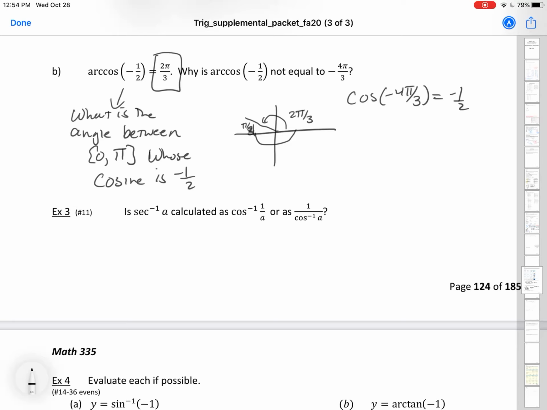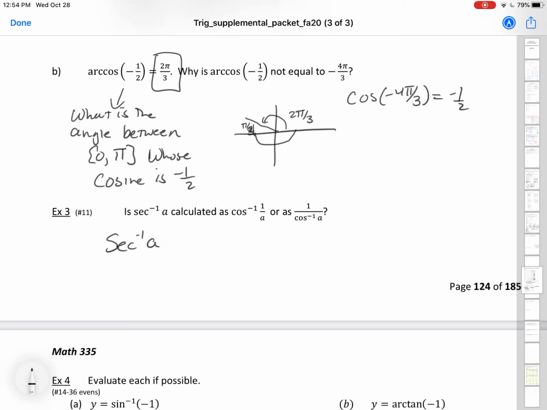It's a one-for-one function. Number 11 is wanting to know, is secant inverse of A calculated as cosine inverse of 1 over A or as 1 over cosine inverse of A? Well, let's find out.